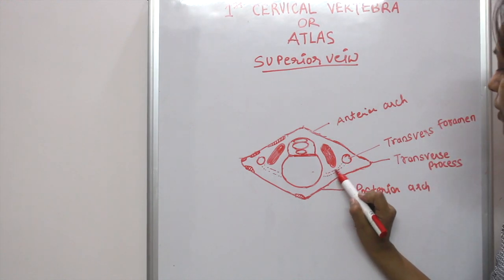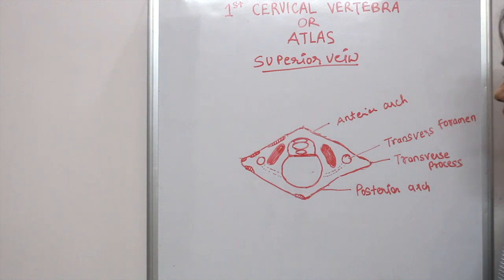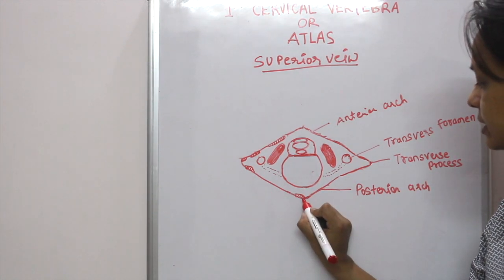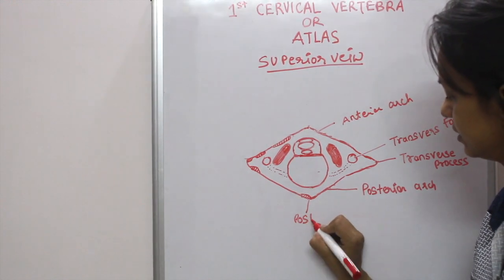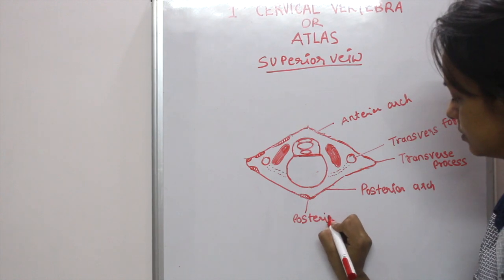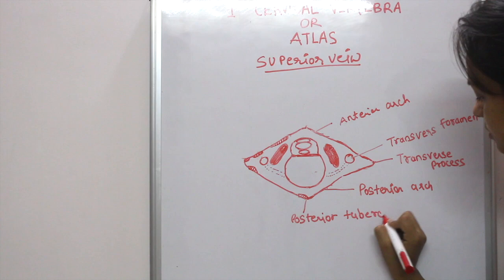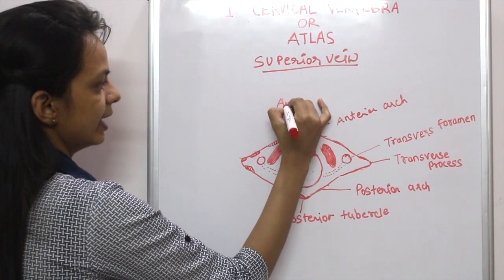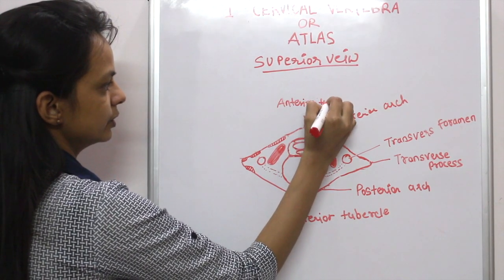This is the groove for the vertebral artery and first cervical nerve. Okay, this is the posterior tubercle, and this is the anterior tubercle.